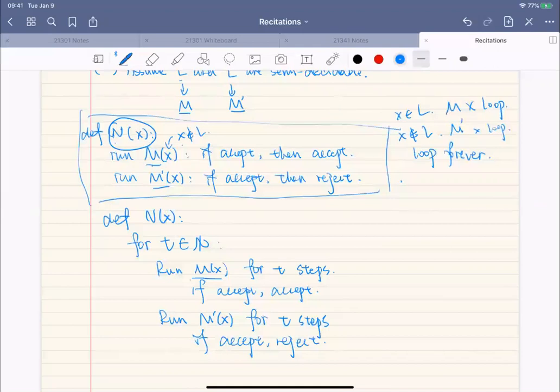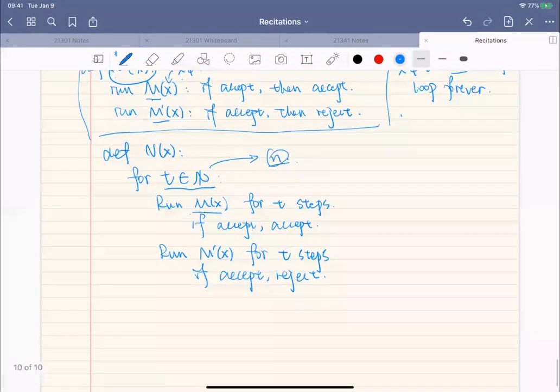We have no idea what this finite number is, but if we loop through all the natural numbers, then at some point, say t, we're going to reach this finite number at which either M or M prime stops. We may be doing some repeated work because we simulate M and M prime many times, but it prevents the whole Turing machine N from looping forever.